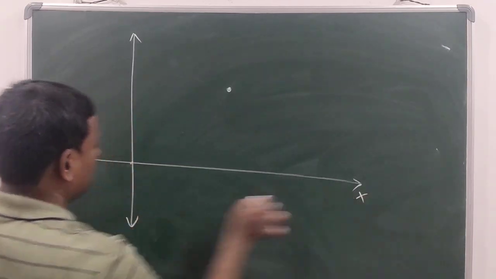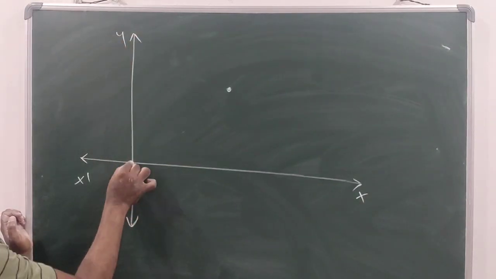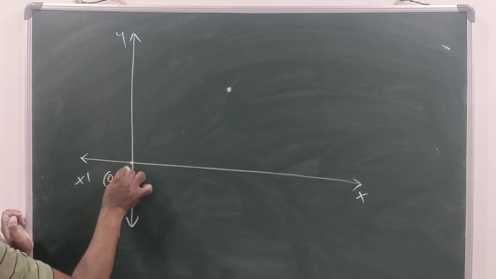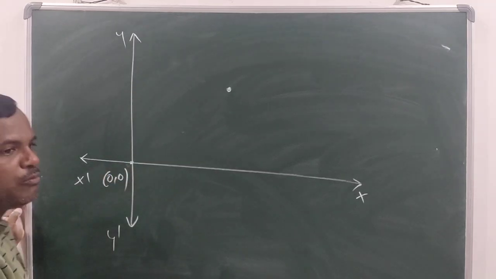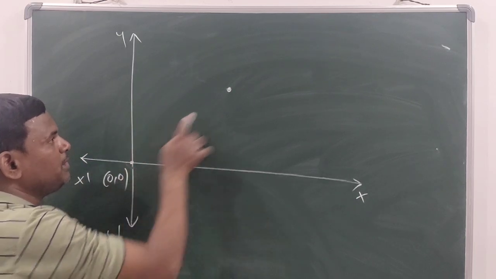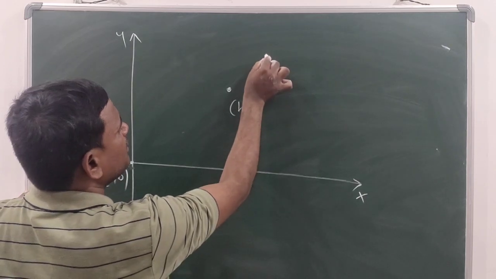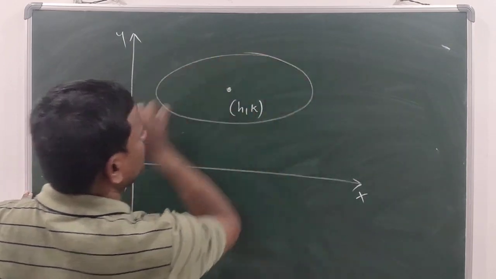So x dash, y dash. So this is the origin. Now what I am doing? I am transforming this origin from here to here, h comma k. Then you will get an ellipse like this.